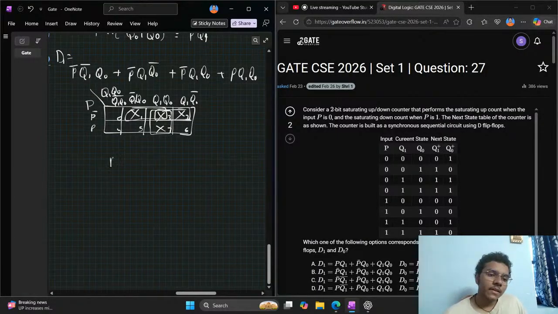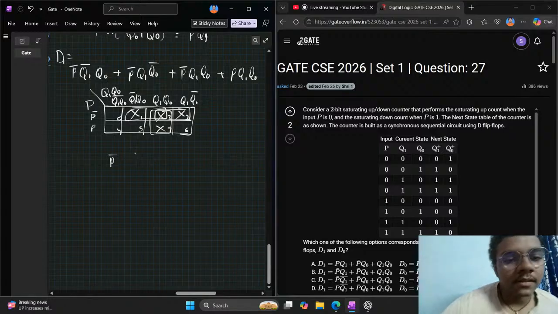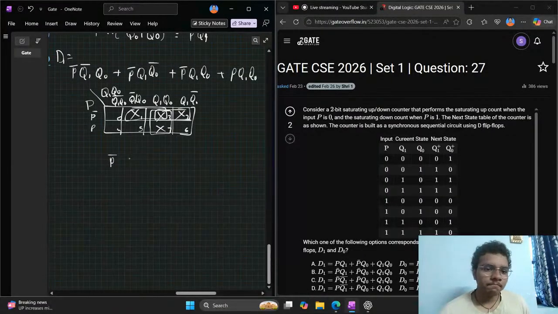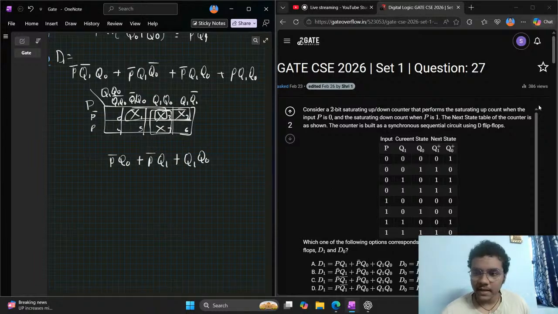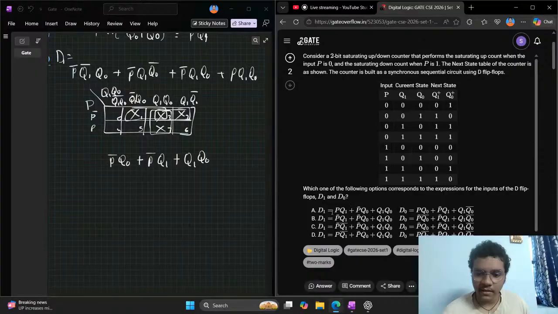So that will be P bar. Honestly, this is even slower, man. Q Q dash, right? Q naught plus P dash here. What cancels out? Again Q1, and here Q1 Q naught. We got any one of those satisfying? P dash Q naught. Okay, P dash Q naught.